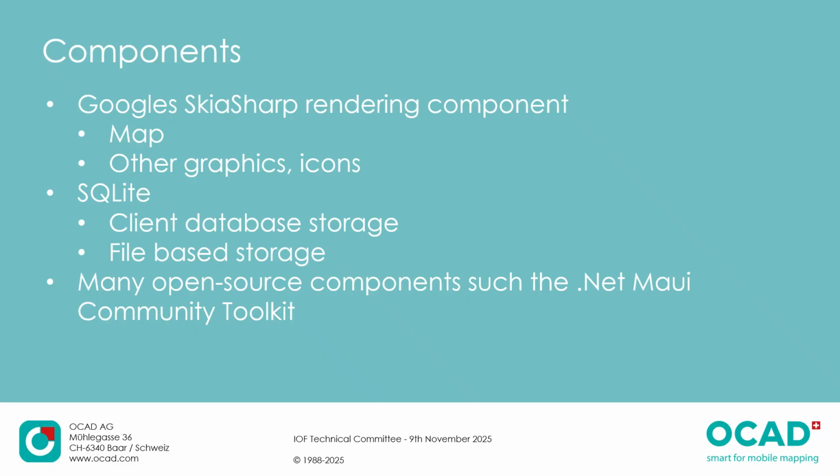It's a file-based database which supports transactions and write-ahead logging, etc. And then there are some other open source components which we use. And there's also support from the .NET community. They even have a toolkit which we use many of the components from.